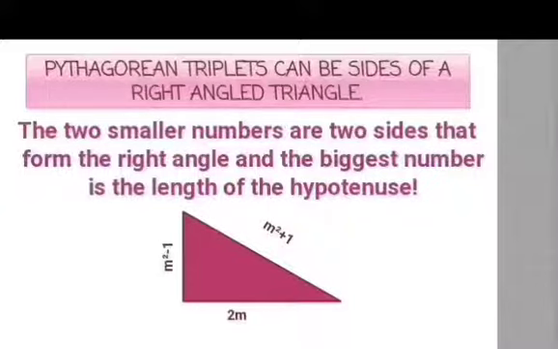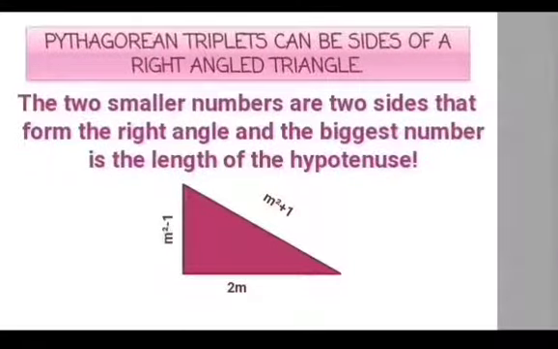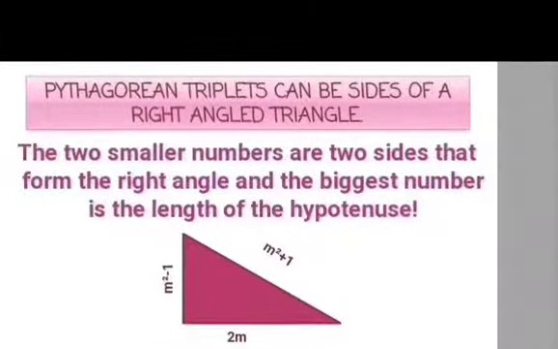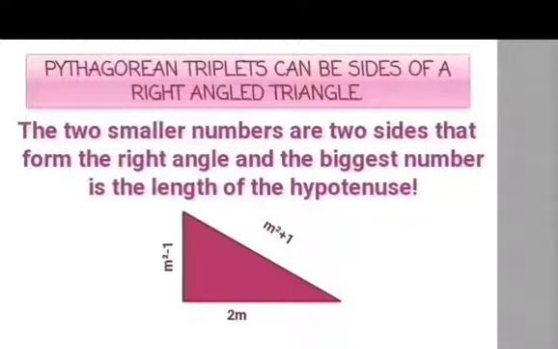You can see a right angle triangle on your screen where the base is representing the number 2m, the perpendicular is representing the number m square minus 1, and the hypotenuse is representing the biggest number, m square plus 1.